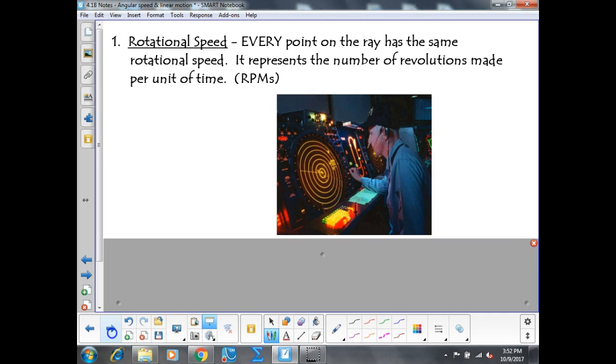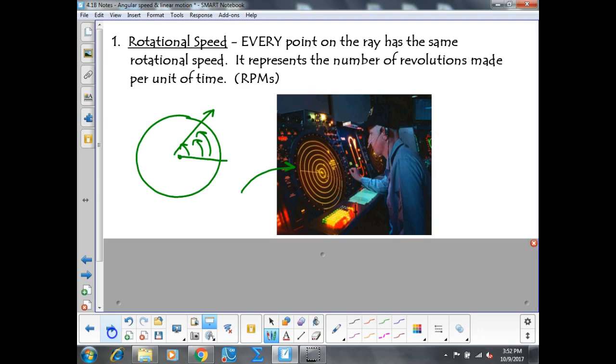It's just thinking about if I have a ray going around, so when we do circular motion, we're going to think in these terms. I'm going to think about spinning around, following a ray, a lot like this air traffic controller radar, or like if you've seen it in movies, that ray spinning around and around.